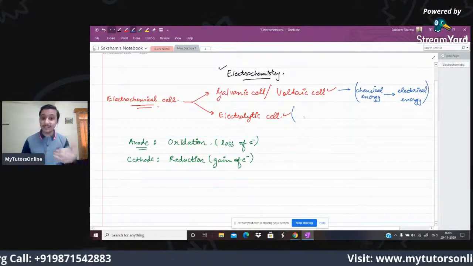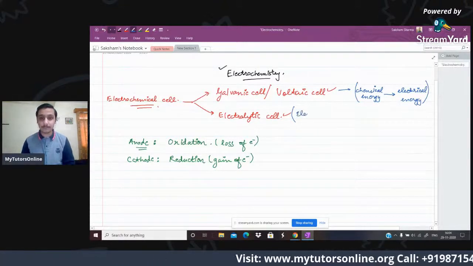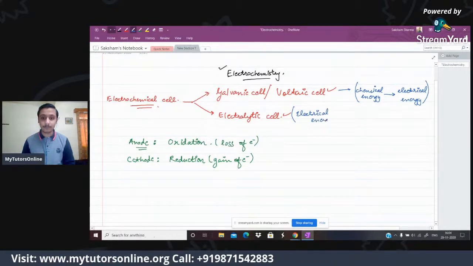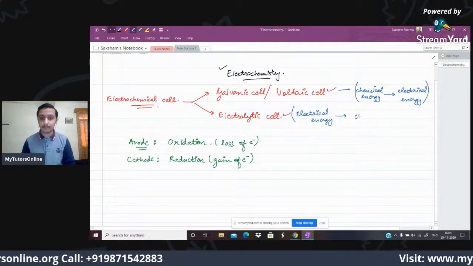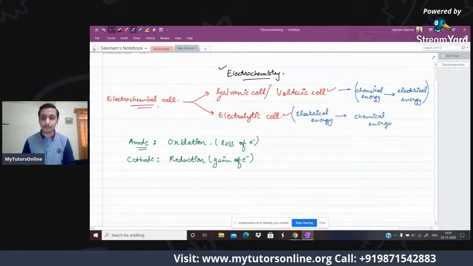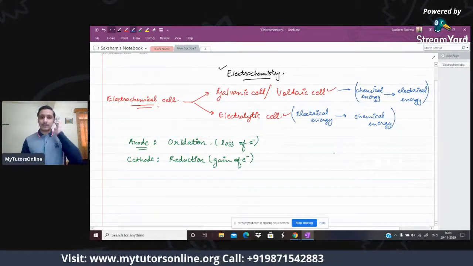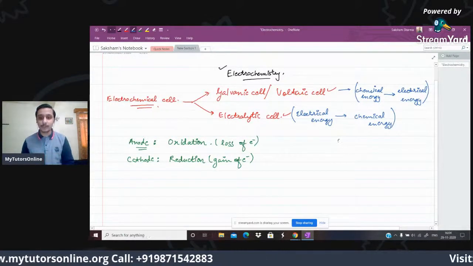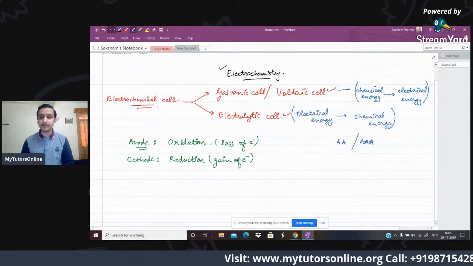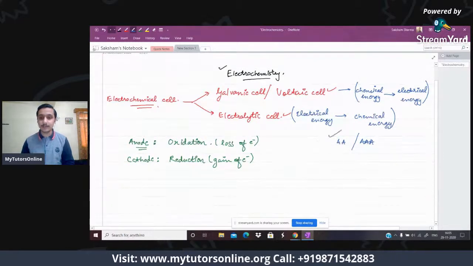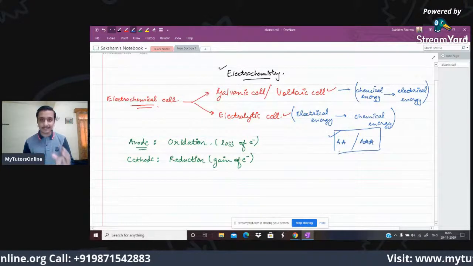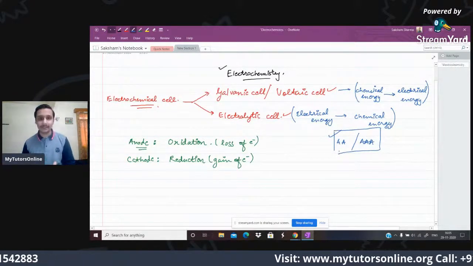It converts electrical energy into chemical energy. Correct. Now, the normal cells, or double A or triple A batteries that you use in your homes, are galvanic cells, because as you see, you have some chemical energy stored in the cells, which is being converted into electrical energy.